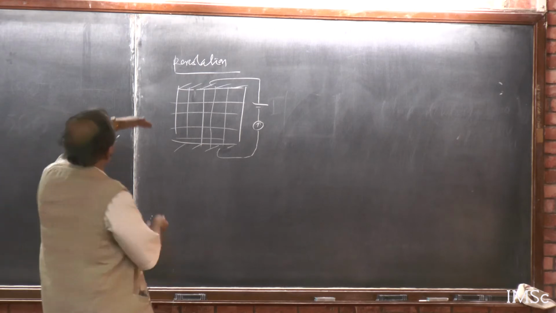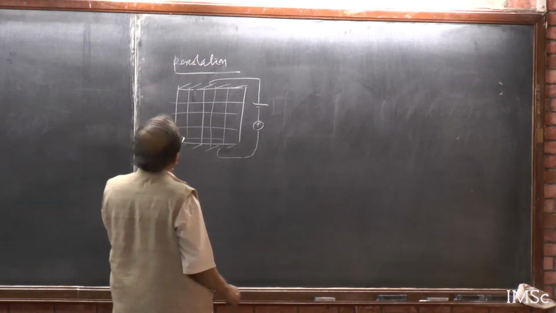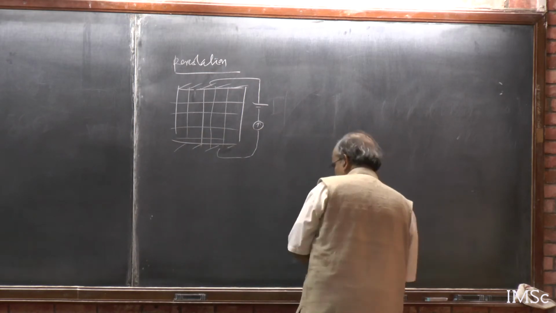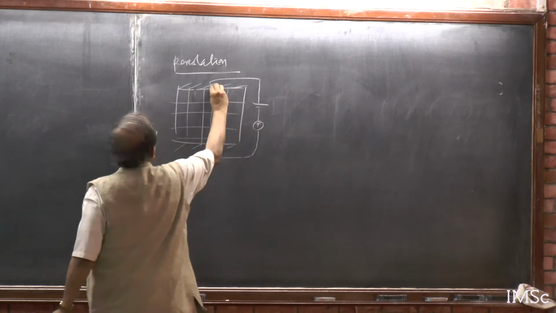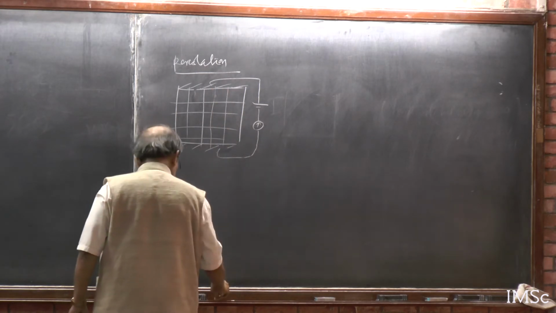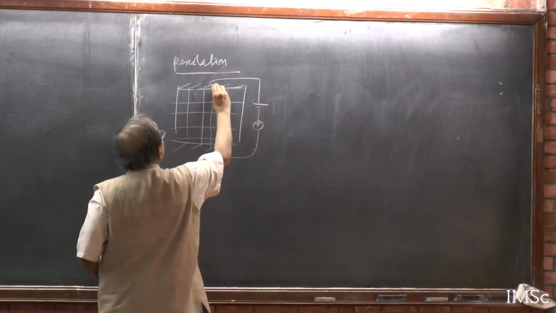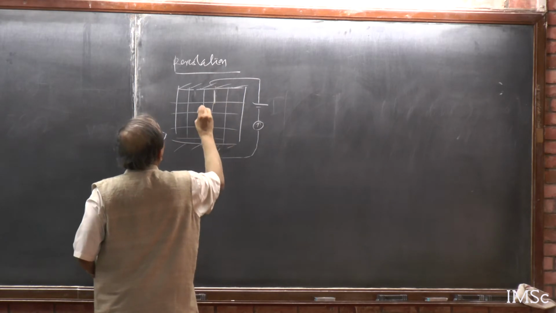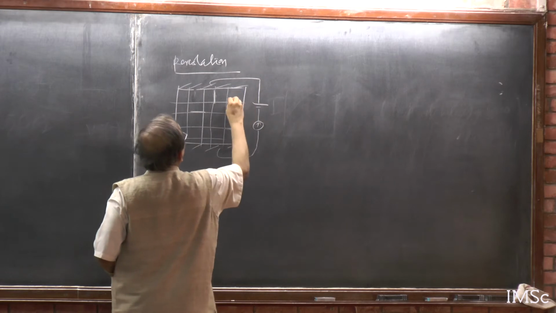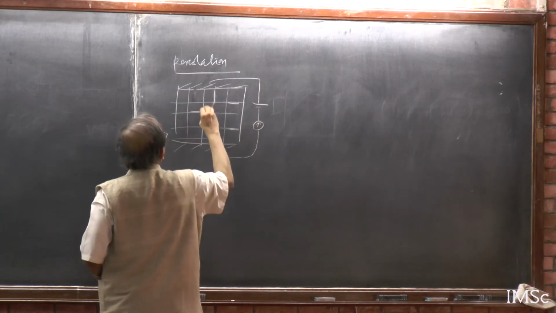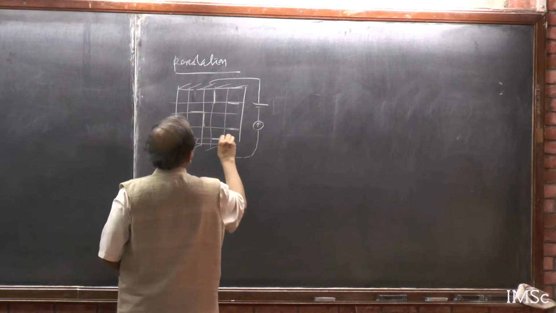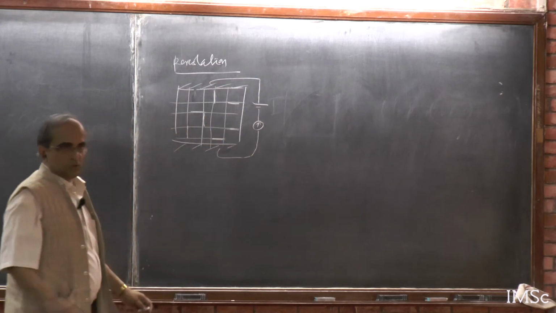Although I have put some potential difference across, there is no current, and then I put some bonds randomly. I am putting them randomly, as far as you can imagine what I am doing.